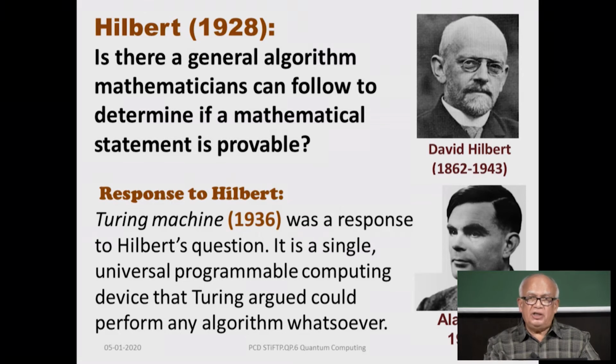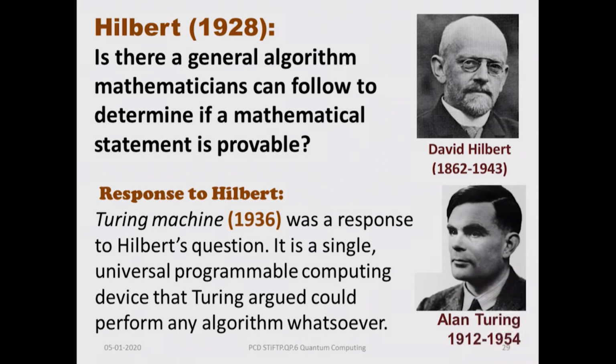And Turing's response was the Turing machine. Okay, the Turing machine really addressed this question, and what it does is provide you with the technology to answer Hilbert's question and say that yes, this is the algorithm, this is what you can do, and then any problem can be solved based on this, which is why the Turing machine is such a big thing.